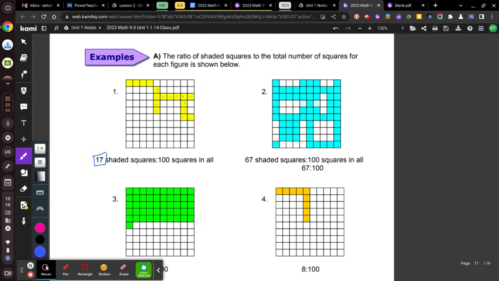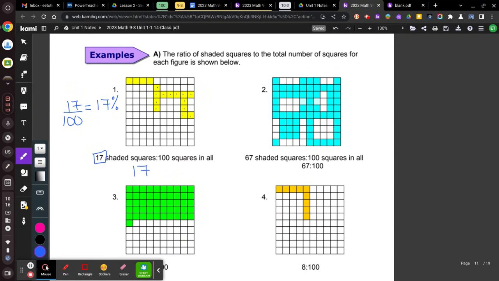We would write this fraction as 17 out of 100. A percent would be 17%. Now we're going to write it as a ratio. The ratio is going to be 17 to 100. The colon means the word to. So we say 17 to 100.